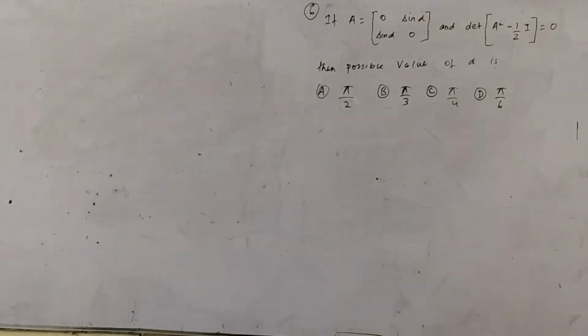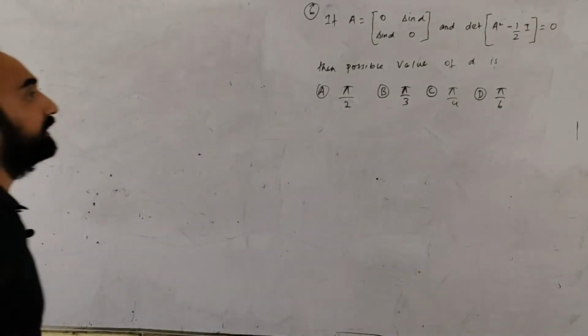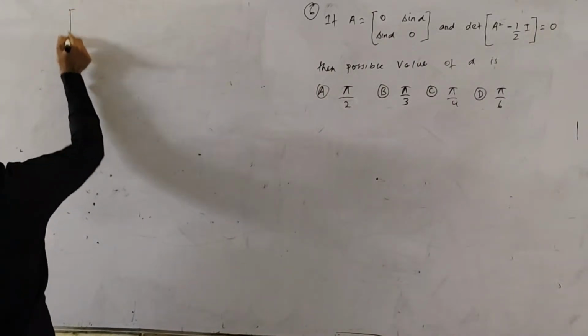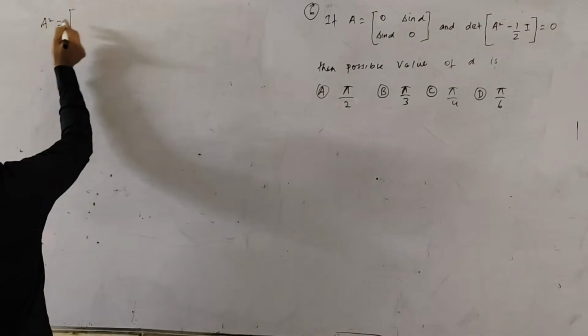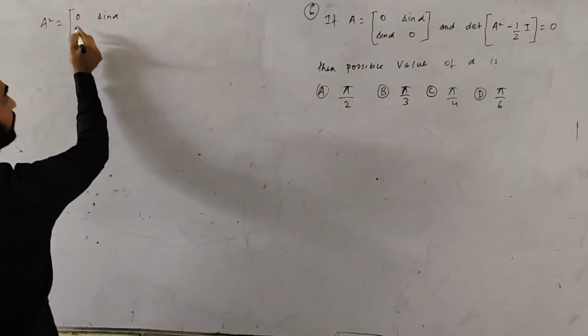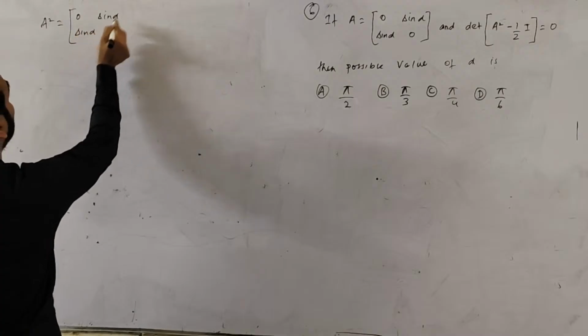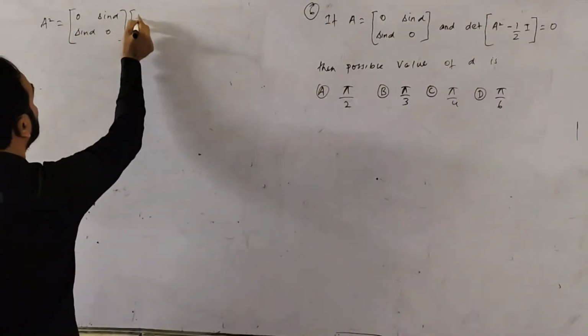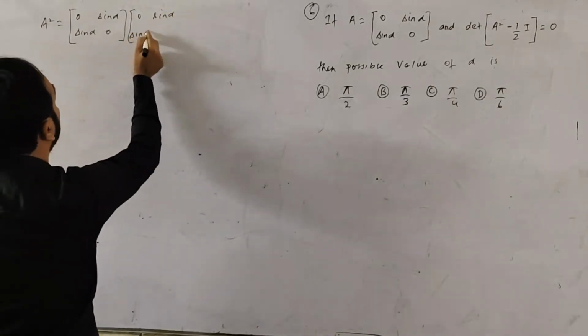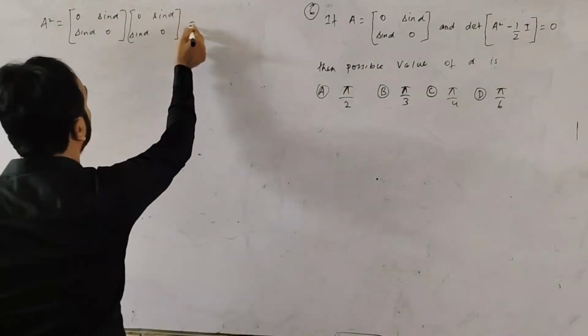So just see how we can do. First we'll find the A square basically. Write A square as this matrix, 0, sine alpha, sine alpha, 0, multiplied by the same matrix.